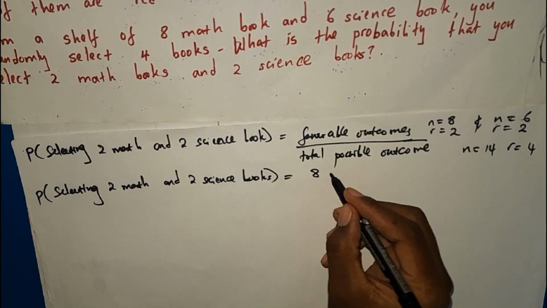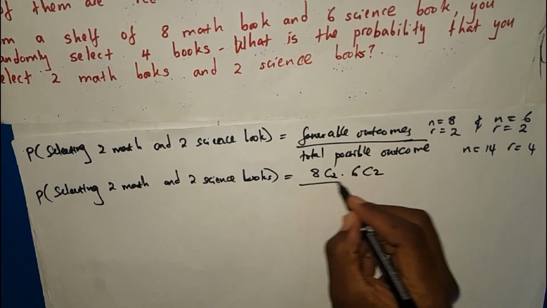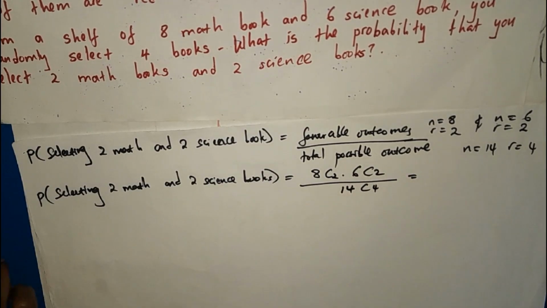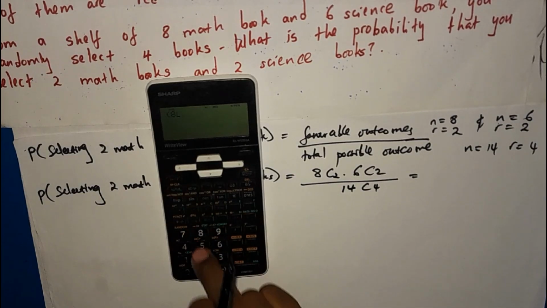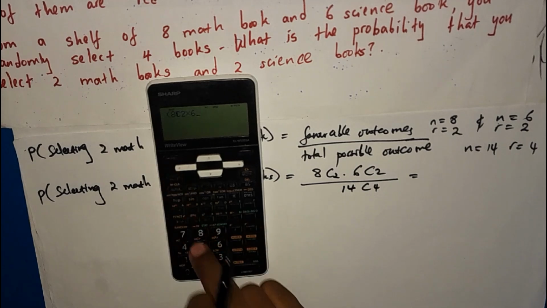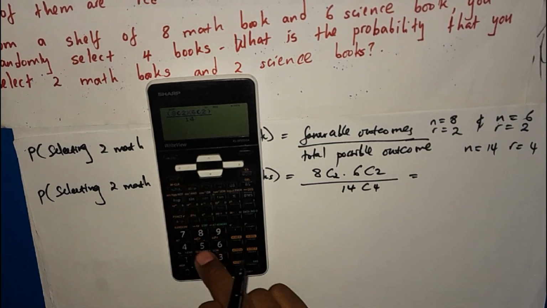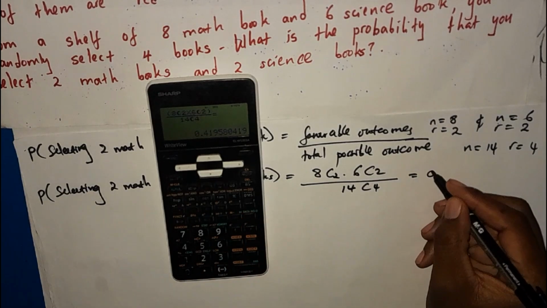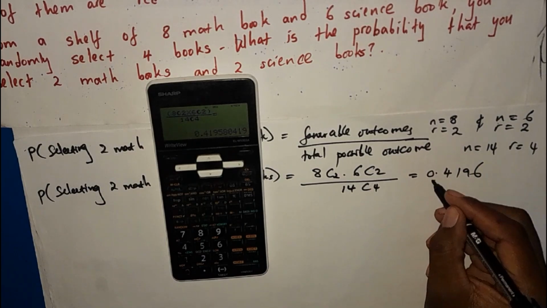We're going to say 8 choose 2 multiplied by 6 choose 2 all over 14 choose 4, which is equal to, using the second function, 8 choose 2 multiplied by 6 choose 2 all over 14 choose 4. This is equal to 0.4196.